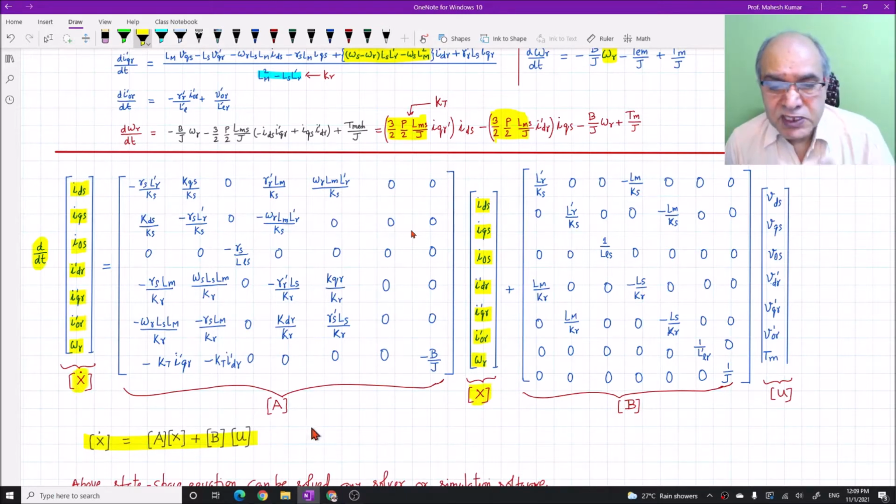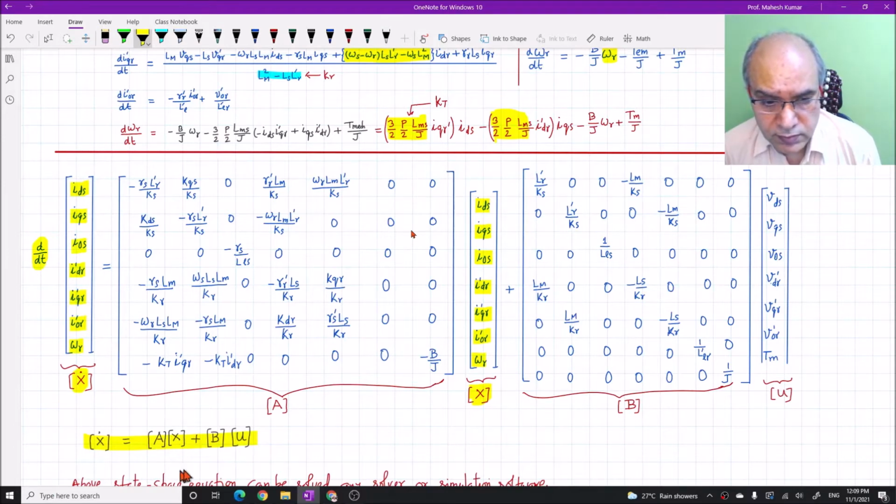So in the state space model we have the form of equation x dot equals Ax plus Bu. And we have to find what is matrix A and what is matrix B. Matrix A and matrix B come from the coefficients of the state variables and the coefficients of the input variables, the U matrix.